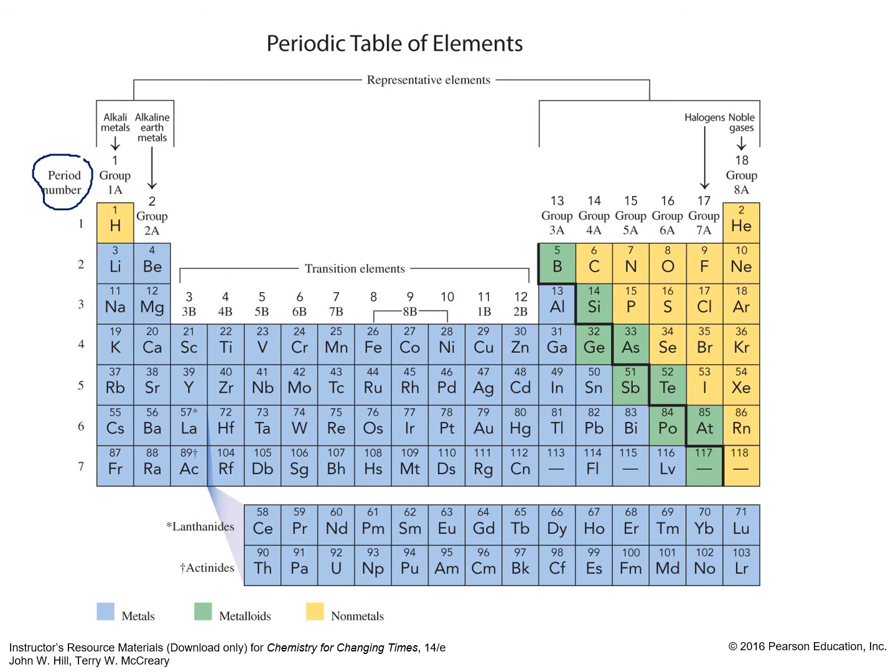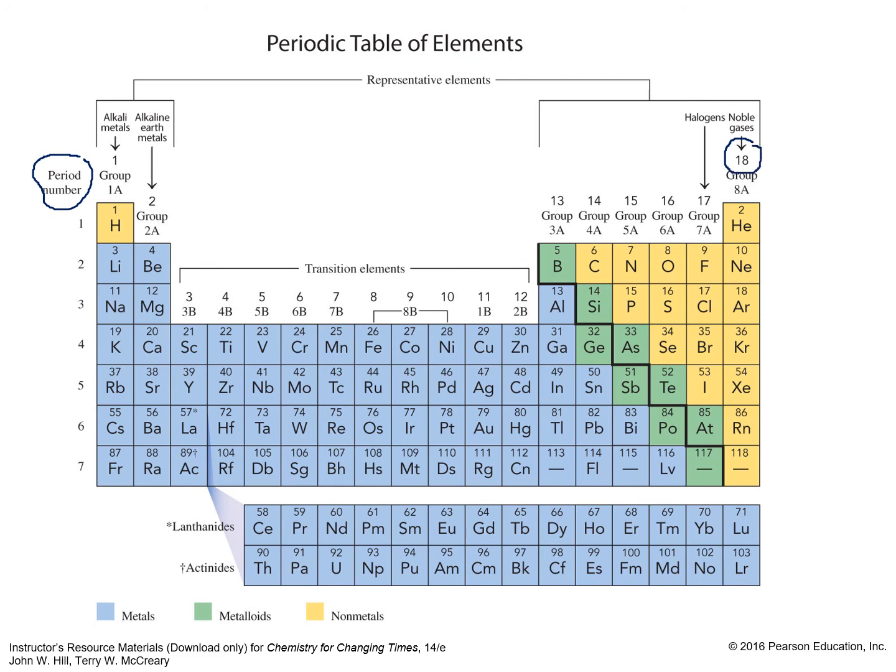And then you have your groups, and your groups can go from group 1A, 2A, or they can also be called 1, 2, 3, 4, 5, 6, 7, 8, 9, 10, and you see there are basically 18 columns which are referred to as groups.